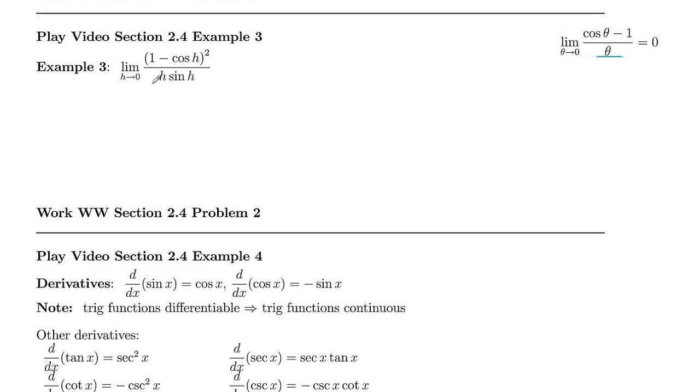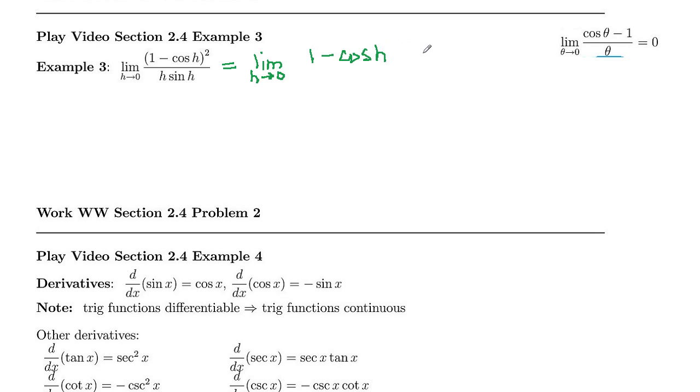So let's see here. I am going to break this product up here into two pieces. This will be limit h goes to 0. And then I've got 1 minus cosine h.